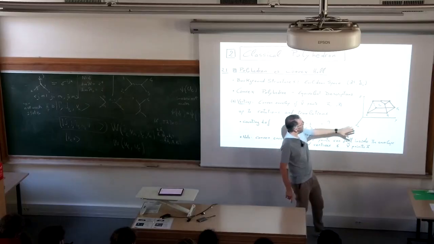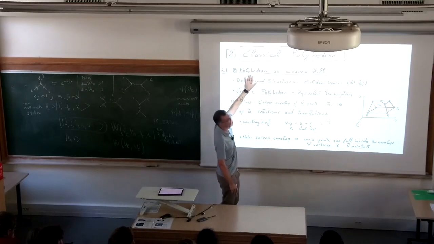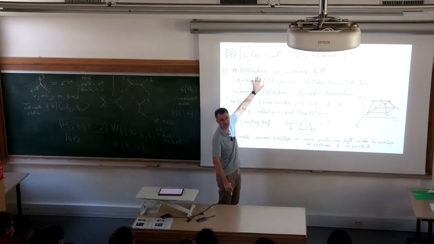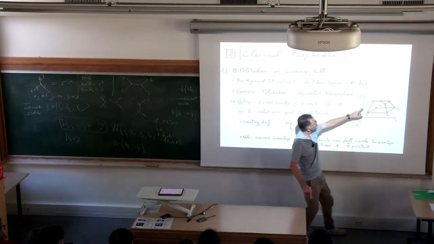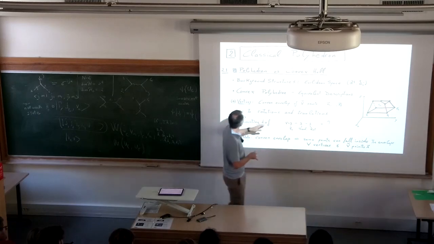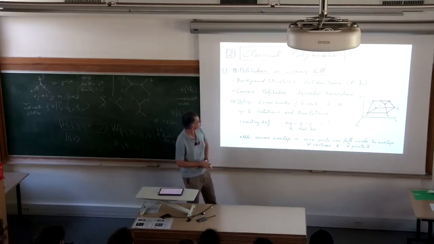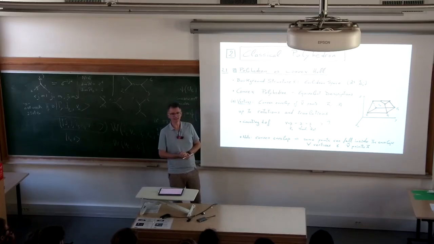So a polyhedron, and I should say a convex polyhedron, I'm interested in a convex polyhedron as a convex hull of something. You can think of it as a convex hull of a set of points. You take all these points, you take the convex envelope, up to rotations and translations. So this is a description of the kind, give me the position of the vertices.